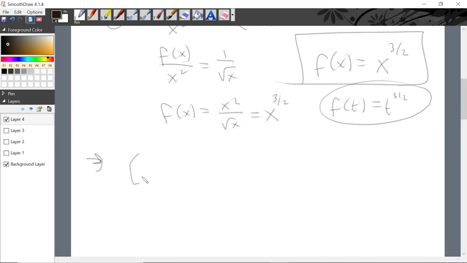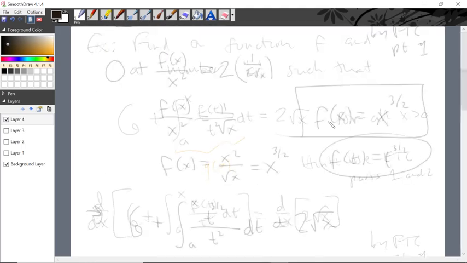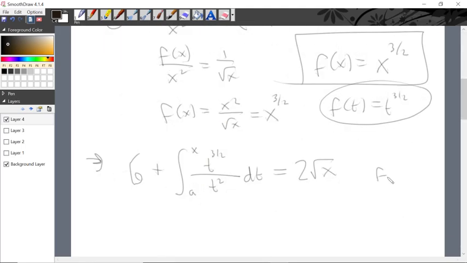So now rewriting the original equation: 6 plus the integral from a to x of f of t over t squared. Well, f of t is t to the 3/2, and we're putting that over t squared, and then we have dt. And this is supposed to equal 2 times the square root of x. What we're trying to do now is to find a.